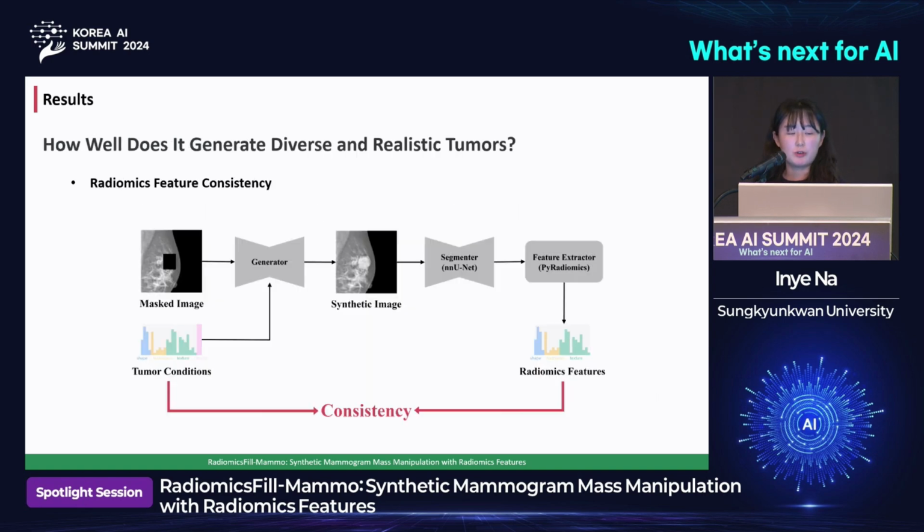First, we verified radiomics will accurately generate tumors by checking the consistency of radiomics features. We compared radiomics features extracted from the synthetic tumors with the real features used as conditions.